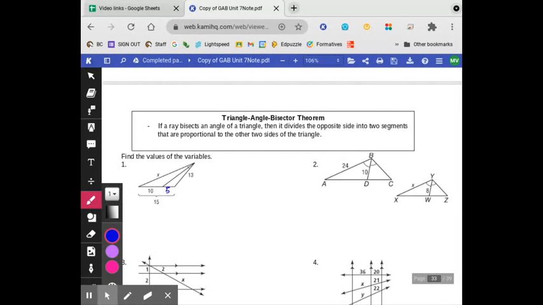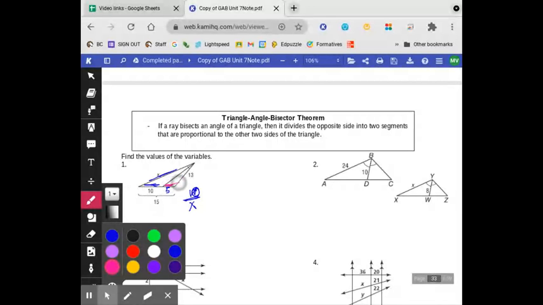So then 10 is to X, as 5 is to 13, because that is an angle bisector. Only works when it's an angle bisector.